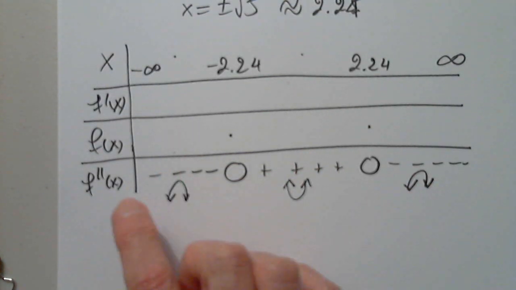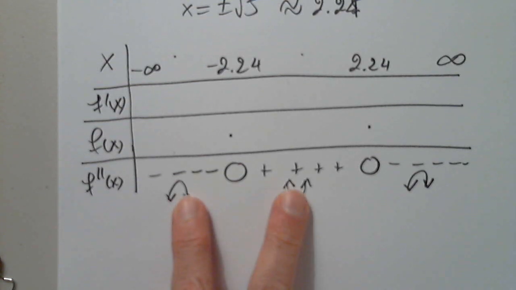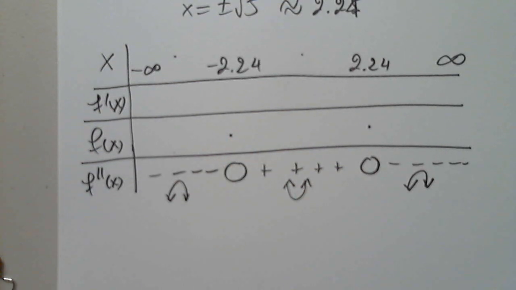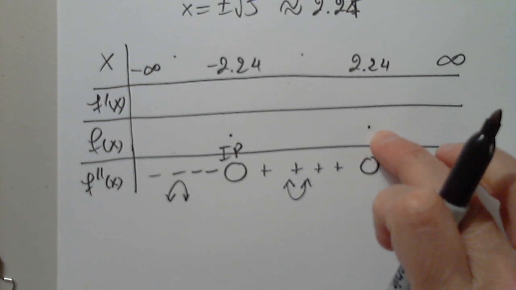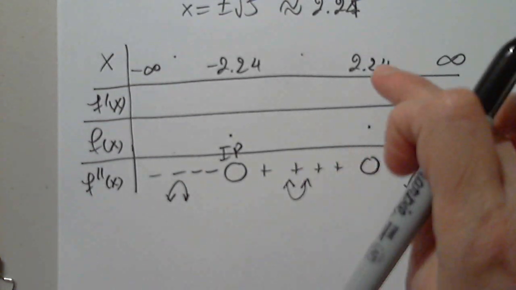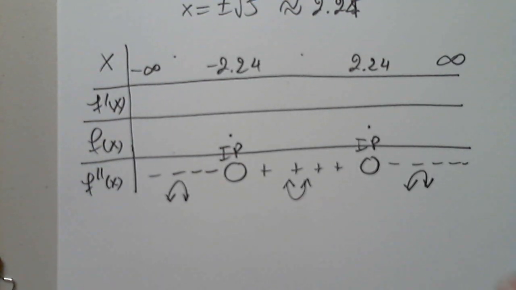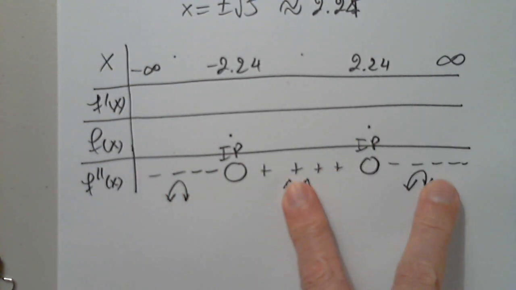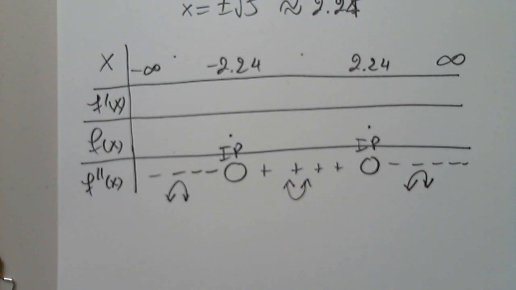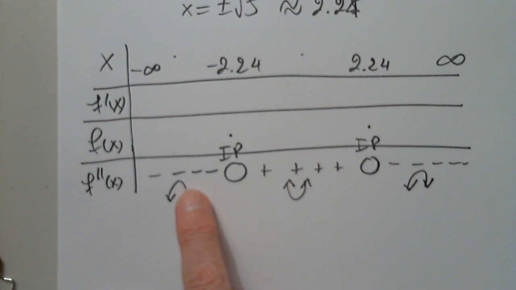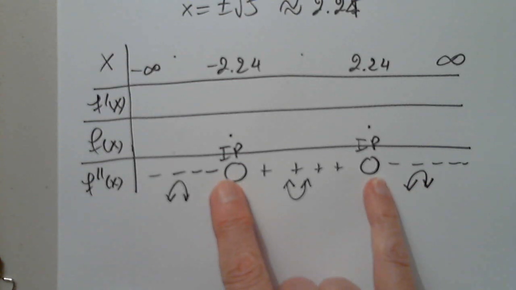Of course, because the second derivative is 0 and it changes sign. So this comma this number will be an inflection point. We say IP. This comma this number, not 0, 0 is for the second derivative. This comma this number that I did not determine yet will be an IP. Why? Because the second derivative is 0 and it changes sign. So this is how we determine concavity, intervals of concavity, and inflection points.